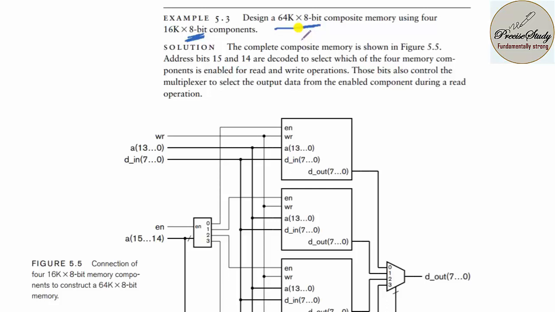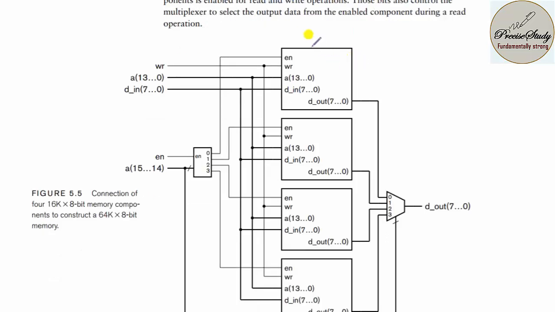What you want is to increase the memory size. So you have to design 64K, but you have only 16K blocks. So you need four 16K blocks: 16K × 8, 16K × 8, 16K × 8 and 16K × 8. This is how you implement 64K × 8.